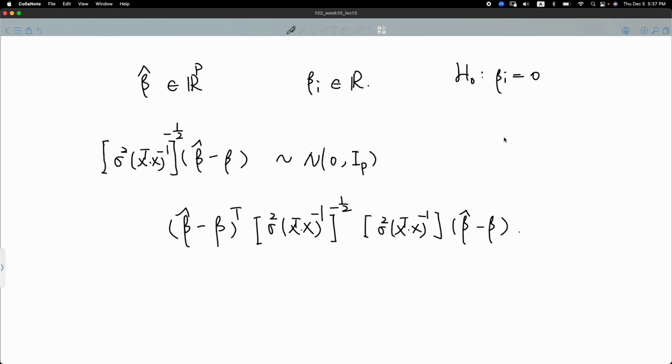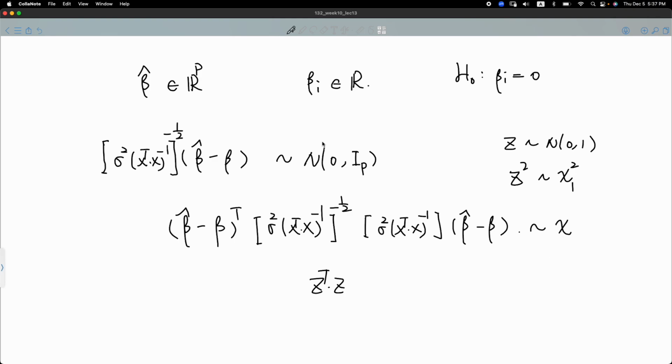So this is equivalent to when you have z following a standard normal in the scalar version, and then z square, or z multiplied by z, follows a chi-square distribution with degree of freedom 1. That is the scalar version, and this is essentially the same thing for the multivariate version. This one follows a standard normal, and then we're just taking z square, or z transpose z, as the quadratic form. And this one also follows a chi-square distribution.